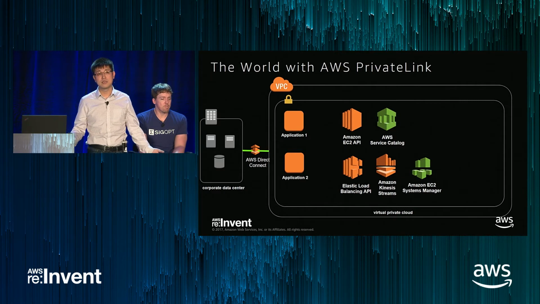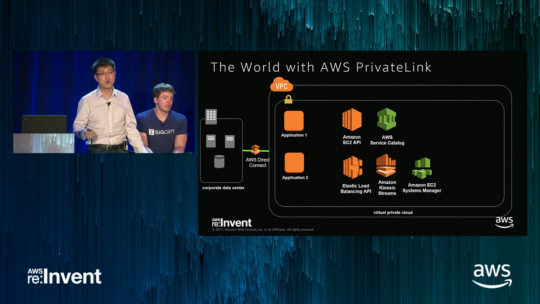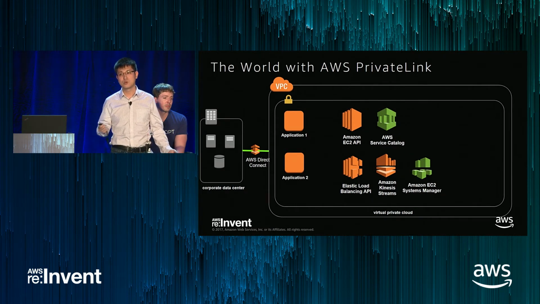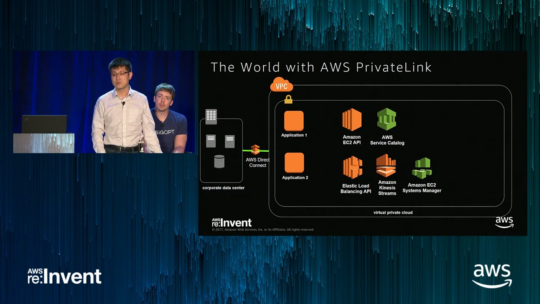For those services, essentially, you don't need to reach out to the service public endpoints anymore. You can establish a private endpoint within your VPC, and your application just needs to talk to those private endpoints. And the endpoints will automatically forward the traffic to the other side through the Amazon private network. So it definitely doesn't go out to the internet, and you don't need a public IP address to start with.